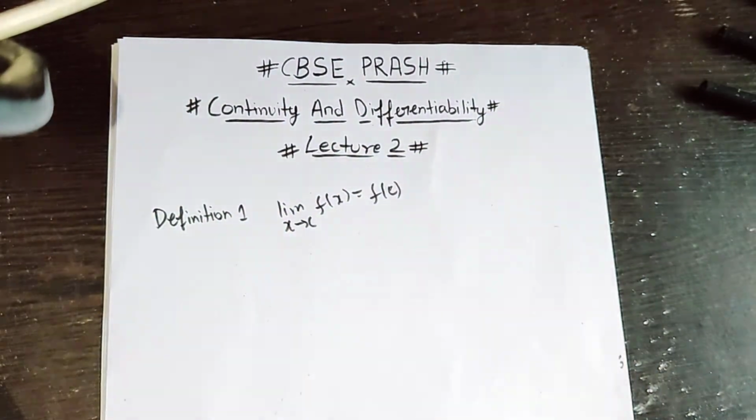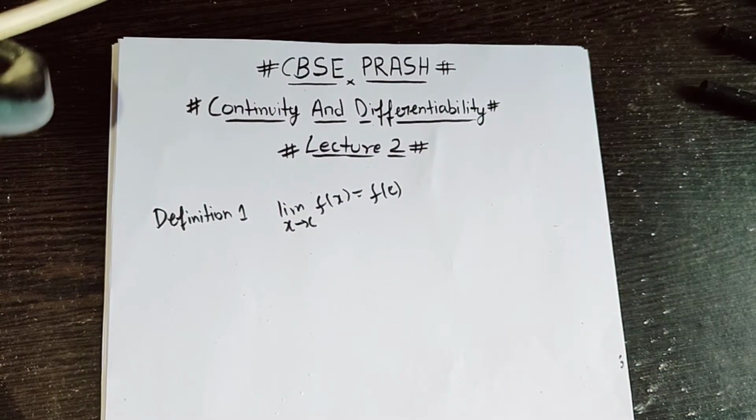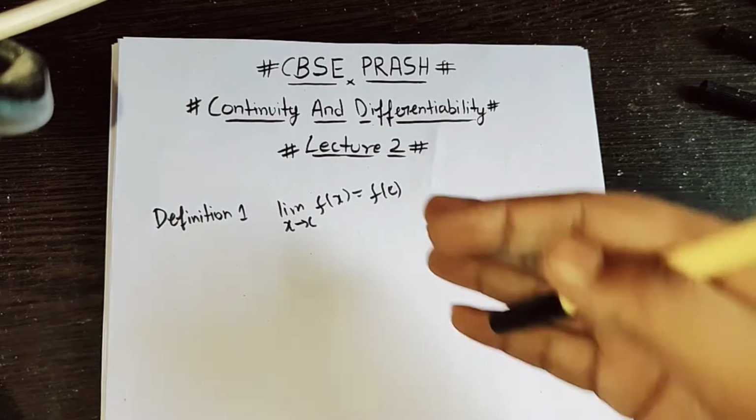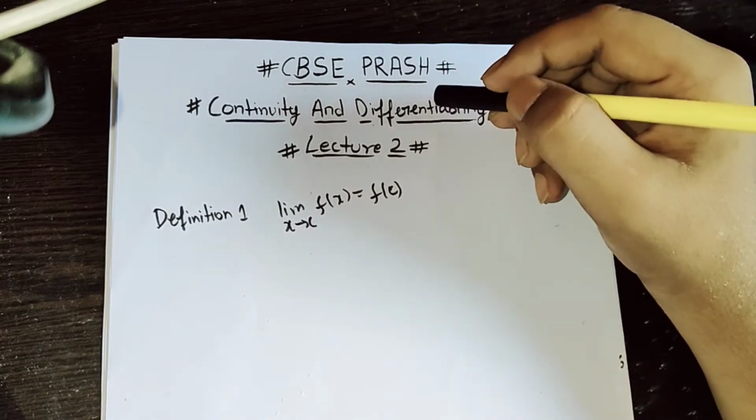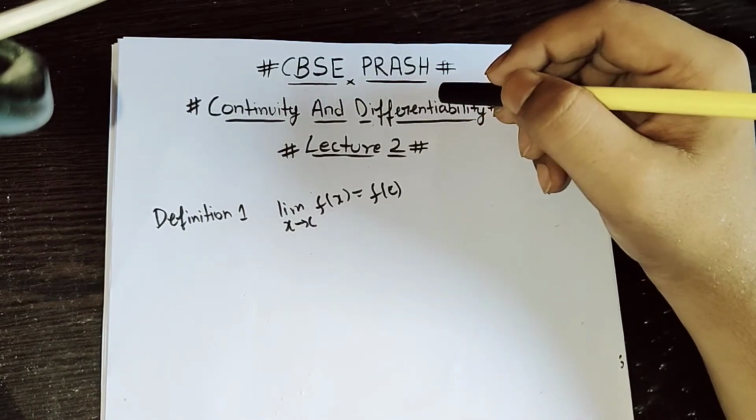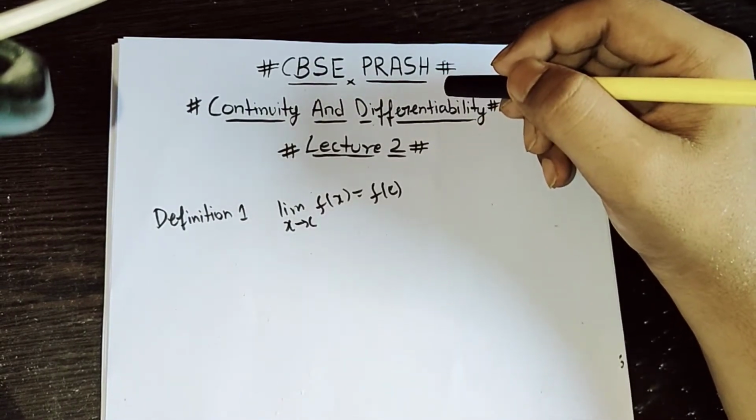So what this definition tells us is that any function can be said to be continuous if and only if limit x tends to c of f(x) is equal to f(c). We have also done some examples, like example number 1 to, I think, 11, 12.